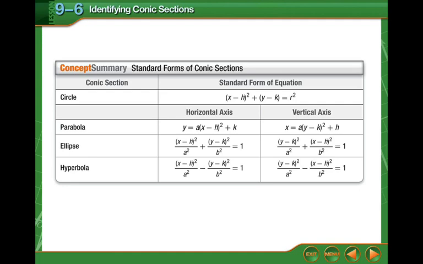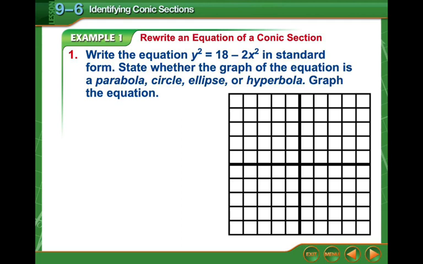So let's do that. This first one actually wants us to graph it. So that's where you actually do need to get it into a format you can use to graph. So when you are going to have to graph it, then you might as well go ahead and get it into the standard form for whatever type of conic section it is.